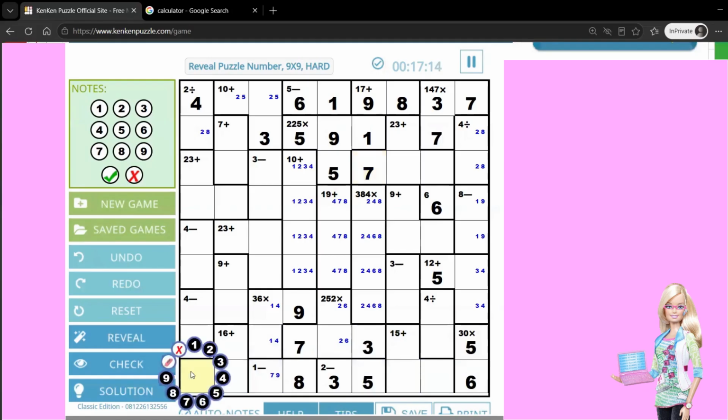Think about what's left besides the 7 and 9. We have 1, 2, 3. No, it won't let me put 4 in there. So 1, 2, 4, 6, 7. Okay. Yes, besides the 7 and 9, it's just a 1, 2, 4.